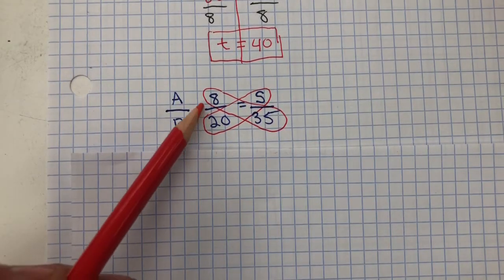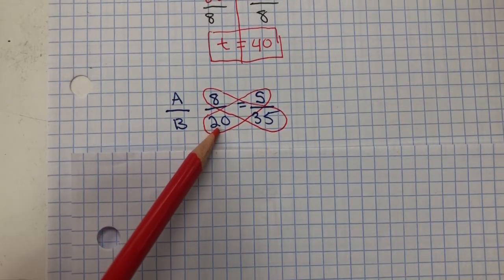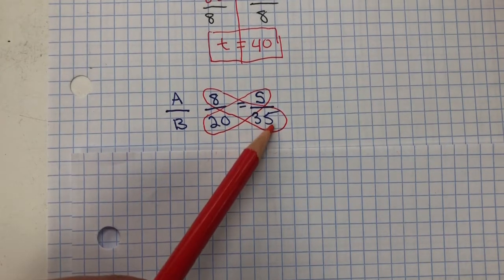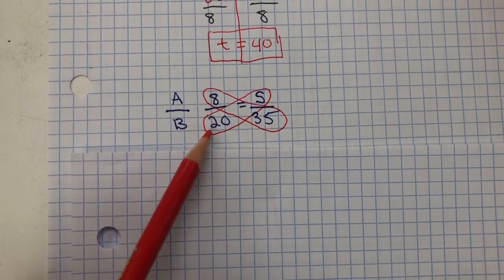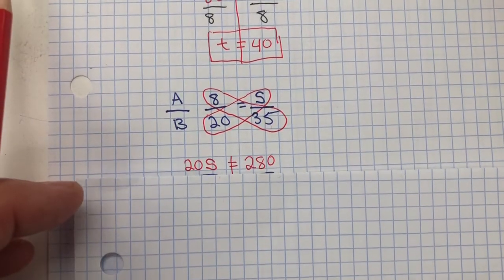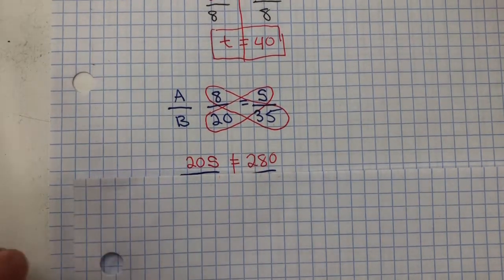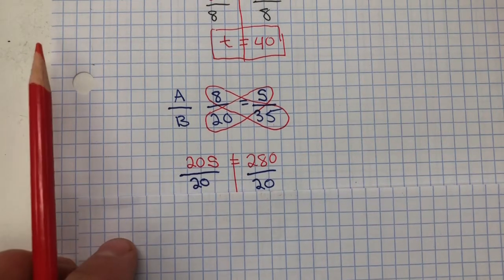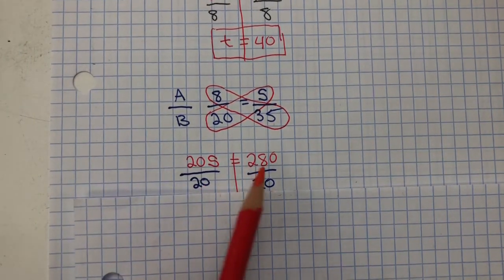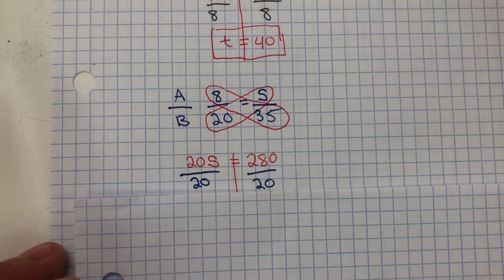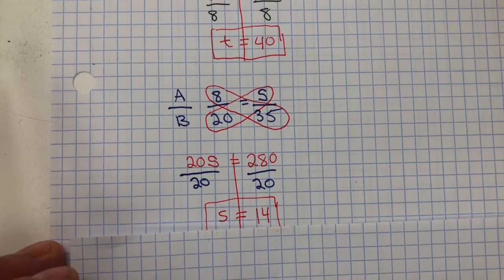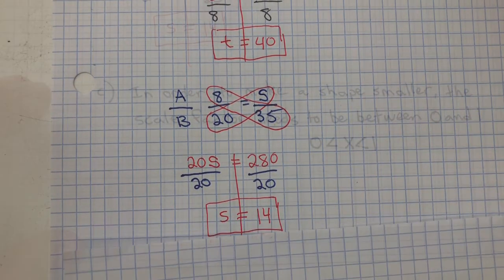So I have A to B, 8 over 20, S over 35. Cross multiply. S multiplied by 20 is 20S. 8 multiplied by 35 is 280. Divide both sides by 20, creating the big 1. 280 divided by 20 is 14, so S equals 14.